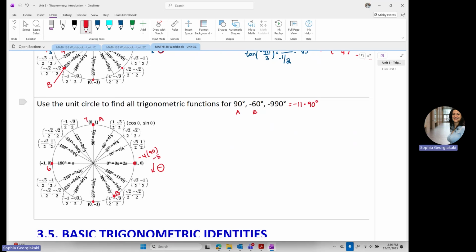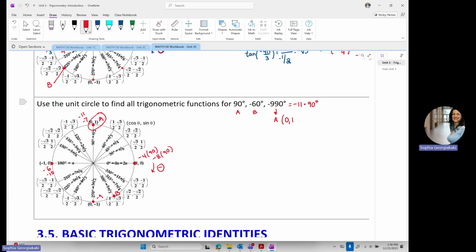This will be again -8 times 90 degrees. -9, -10, and -11. So point A is -990 degrees, and therefore finding the trigonometric functions of 90 and the trigonometric functions of -990 is the same thing.